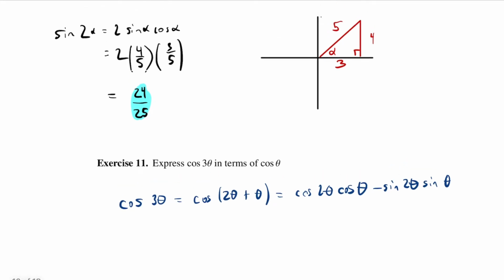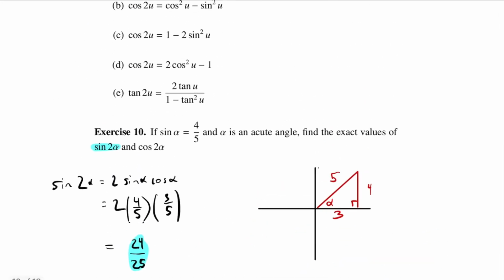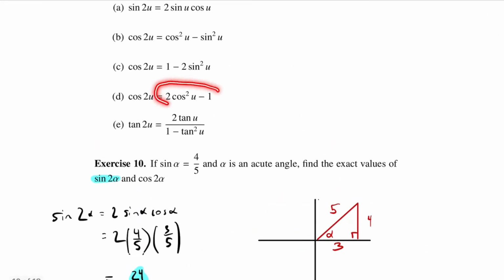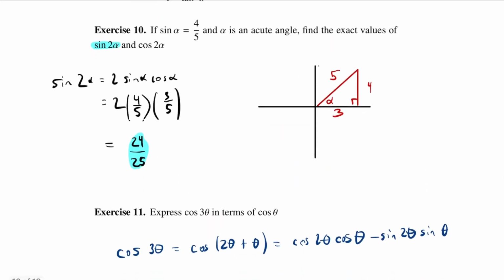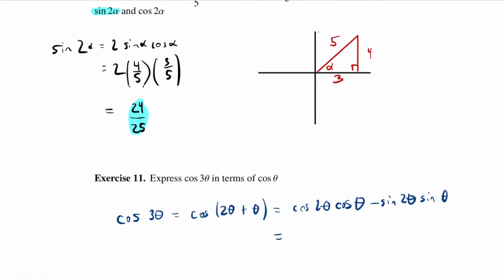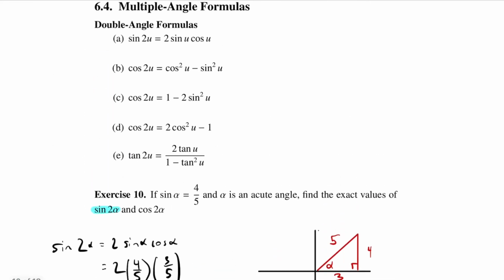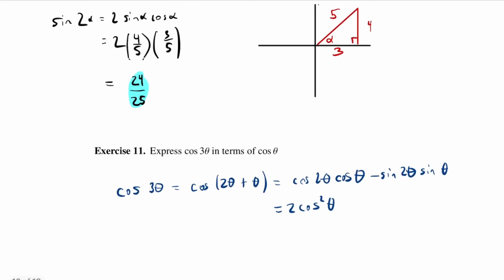So for cosine, let's see which one makes the most sense. Because they want it in terms of cosine theta, that means we're going to use the one that doesn't have sine. So 2 cosine squared theta minus 1. And then we bring down the cosine theta.